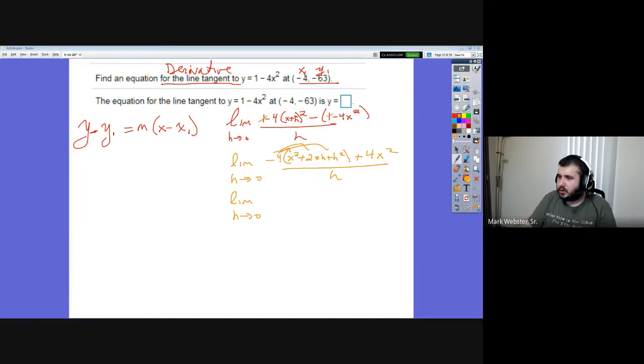And we're going to distribute that thing in here. So now we've got negative 4x squared minus 8xh minus 4h squared plus 4x squared, right? That's going to cancel out again. These go away. All over h.